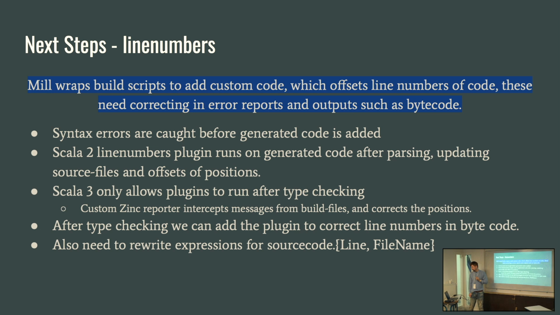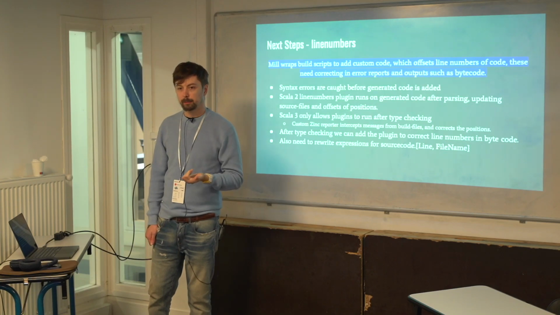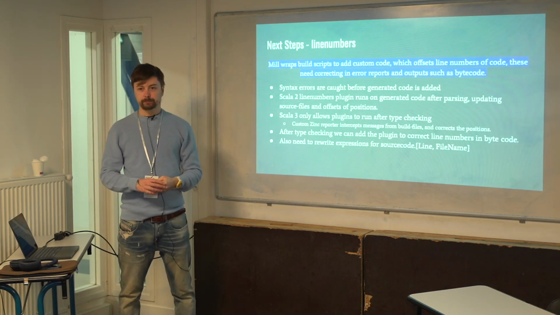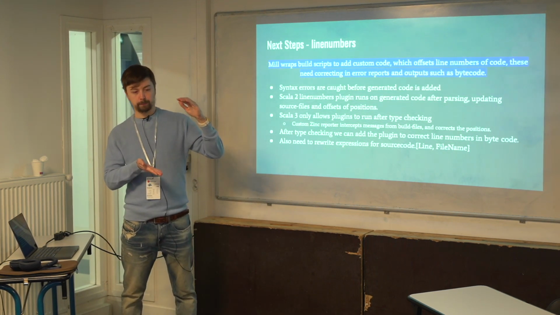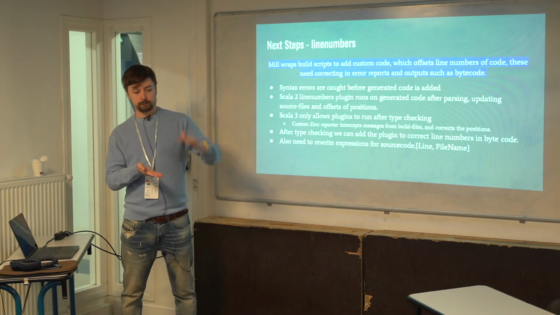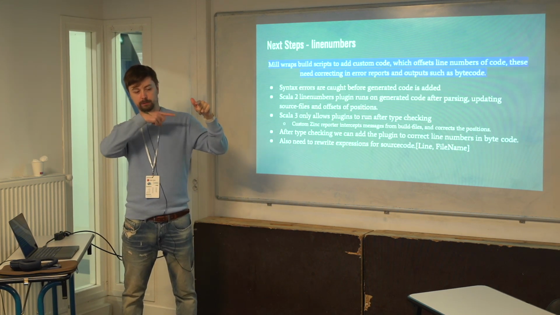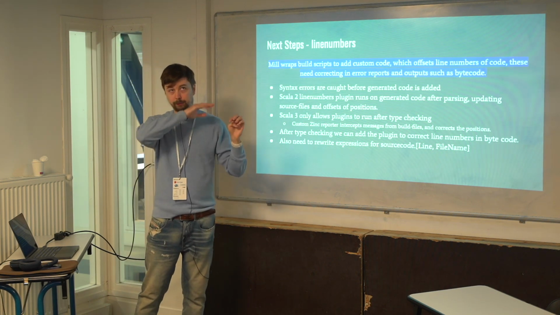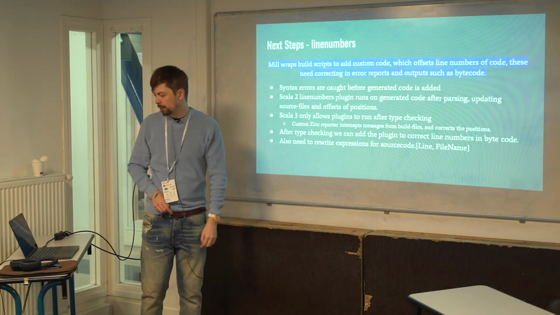Yeah, so the next thing that was quite problematic is this line numbers plugin. And why do we have this? Basically, when you define your little Mill script, like in Scala 2, you just have these top level expressions. So you could just have a print line at the top line of your Mill file.